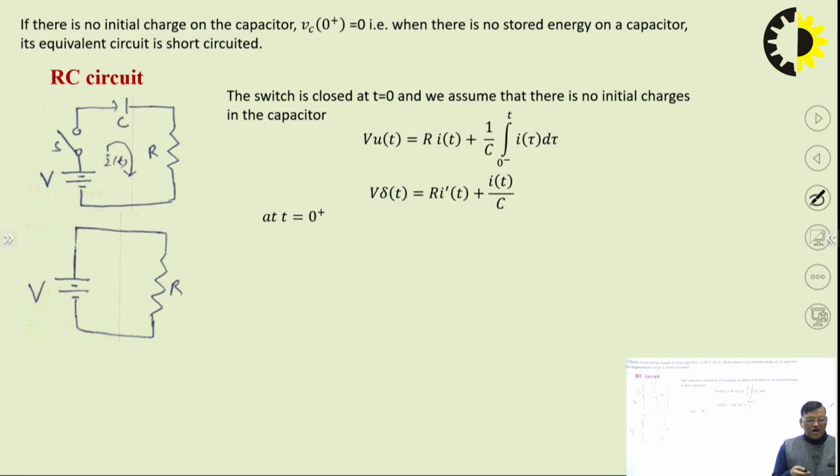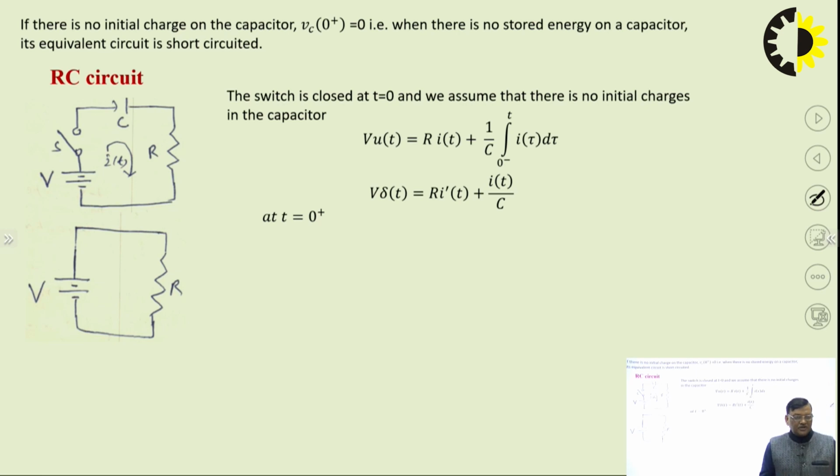After differentiating we get V δ(t) = R i'(t) + i(t)/C. If we differentiate a unit step we get an impulse function. We know that the impulse function is 0 everywhere except at t equal to 0, where its value is infinite.